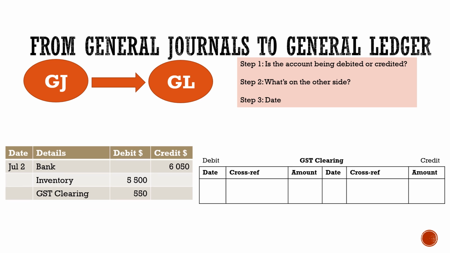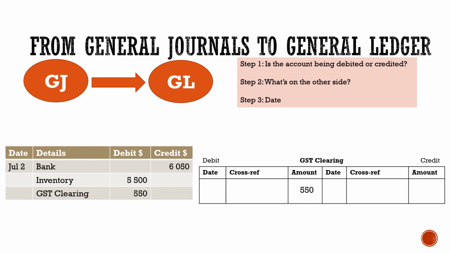Lastly, we will record the GST clearing account. Step 1, is the GST account being debited or credited? Here we can see that the GST clearing was debited for the amount $550. So in the GST clearing ledger account, we record $550 in the debit side.